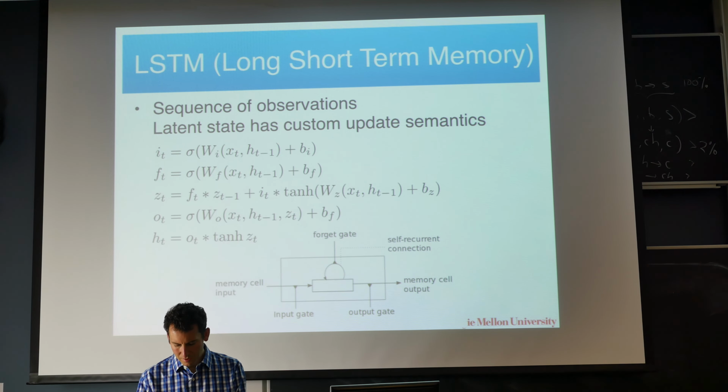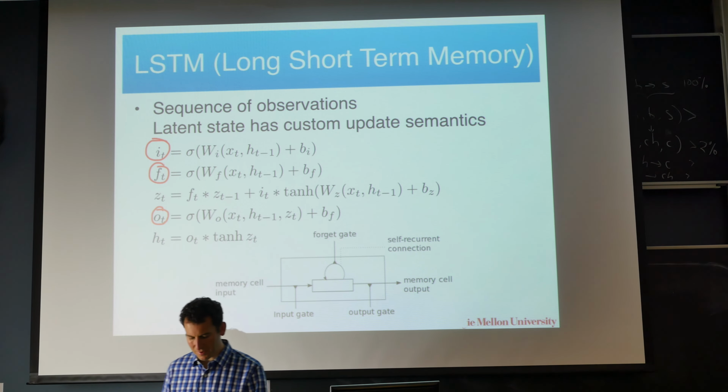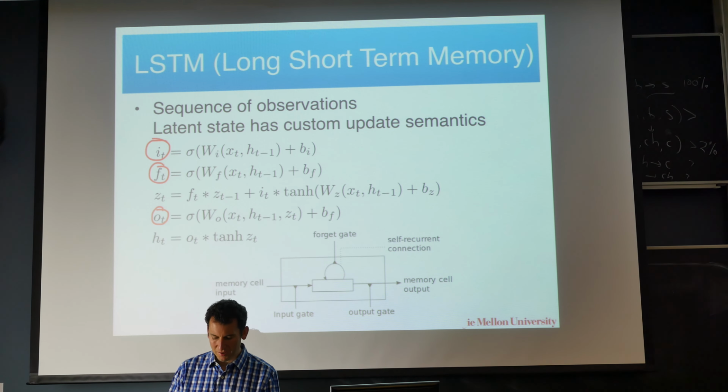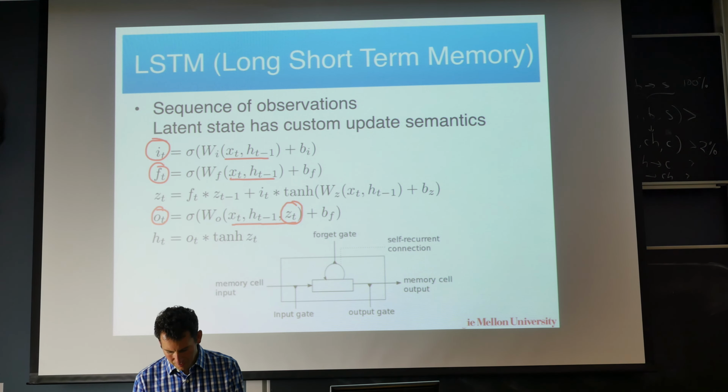Okay, so here are the update operations. I basically have a couple of gating functions, I, F, and O. I is the input, F is the forgetting, and O is the output. They are all given by some nonlinearity applied to the current state. The output also depends on the state of the network.